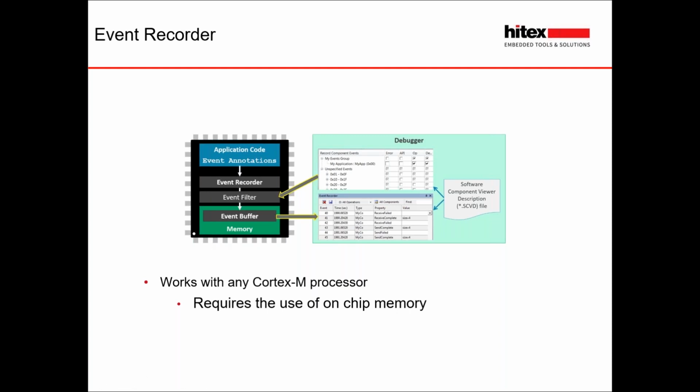So rather than printfing through a UART, which is quite slow, when we hit an annotation, it will write a few bytes into the event buffer, and then the debugger will connect and non-intrusively upload that data into the debugger, where it can be displayed as a trace window. So we're taking a little bit of runtime, but the minimum runtime to write into this event buffer, and then we're able to see a lot of our application activity within the chip.